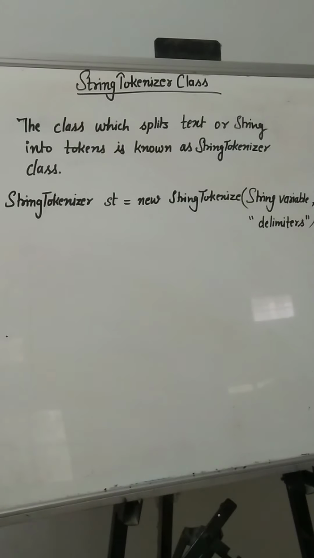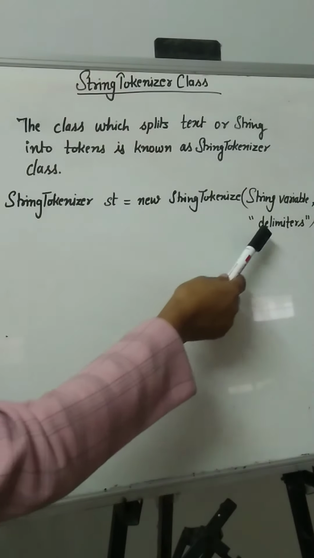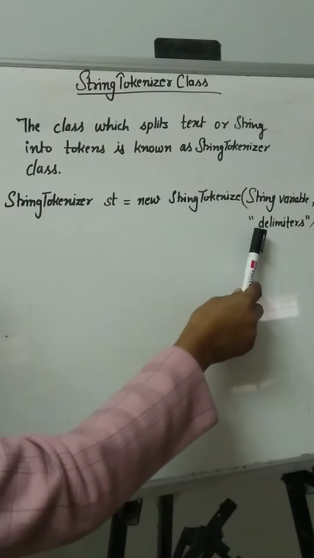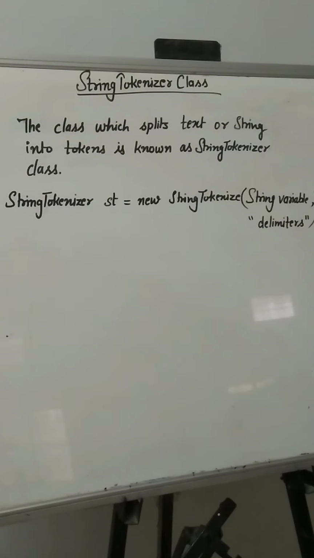Delimiters, as I explained, are not tokens; they are separators like question mark, dot sign, equals sign, dollar sign, whatever. So you have to mention them within double quotes. So that is the declaration of a StringTokenizer.